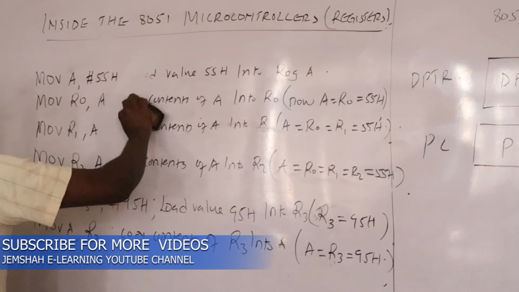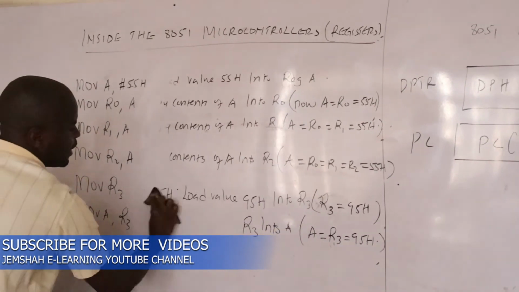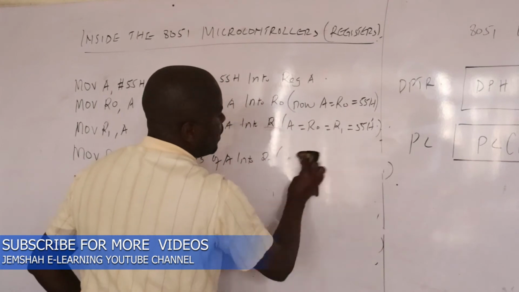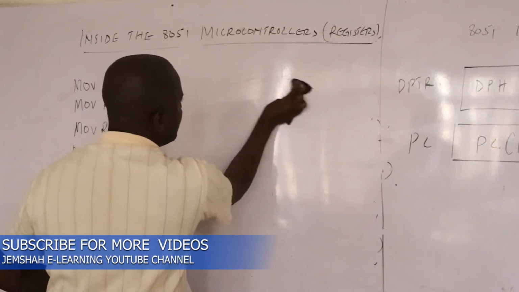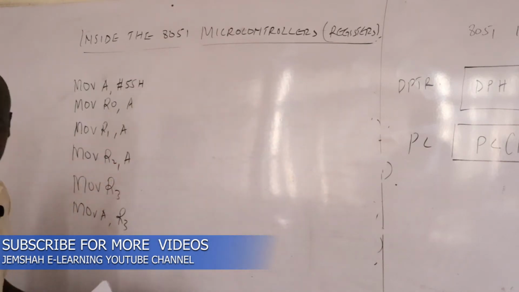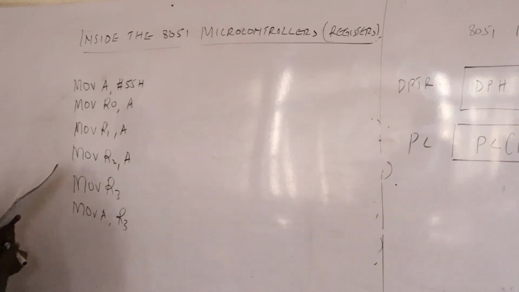So we want to use this to form a trace table that we are going to use in order to see how these particular instructions work, and also to check on how the registers work. So we can have a table here.